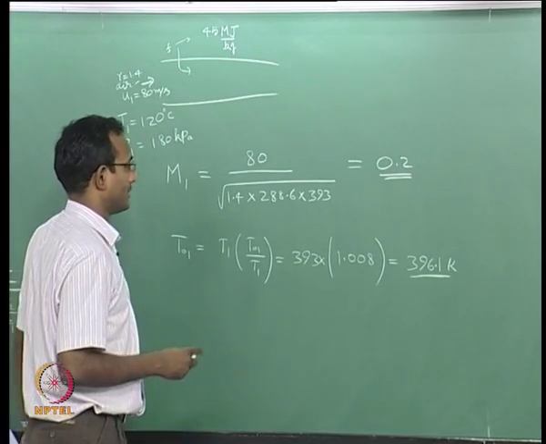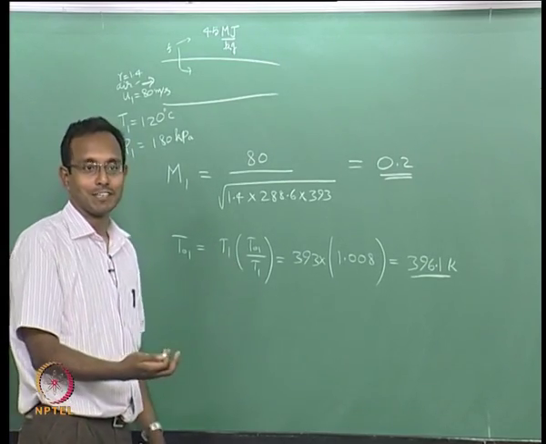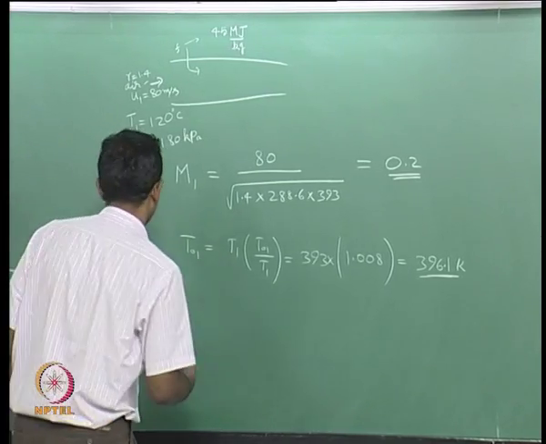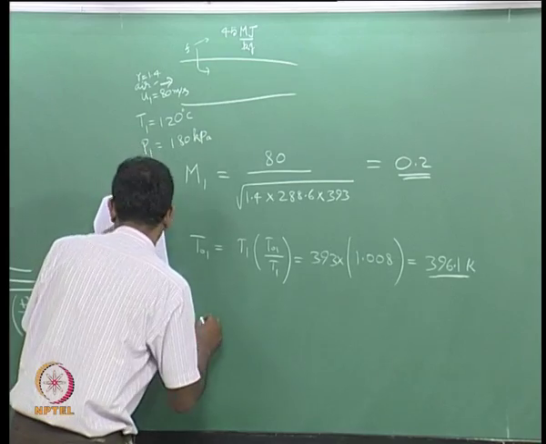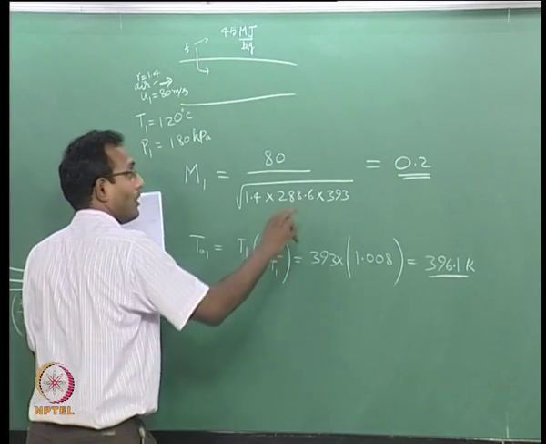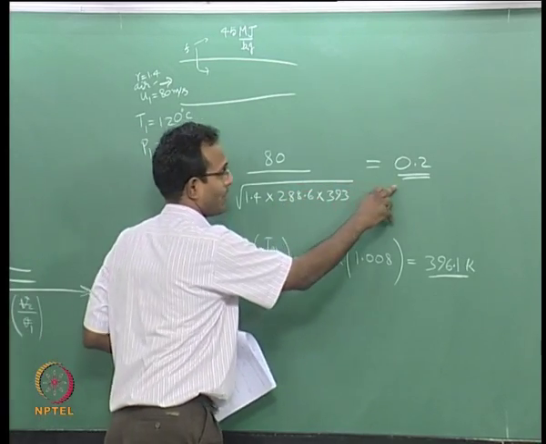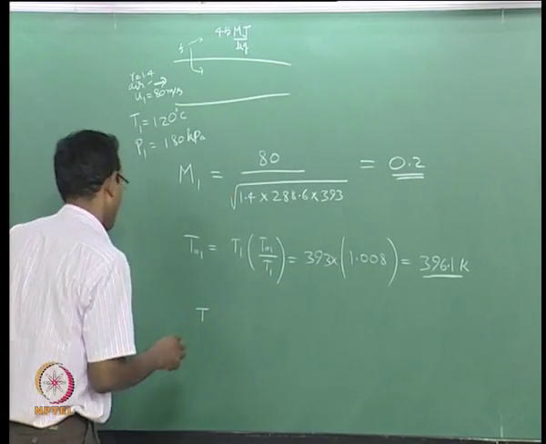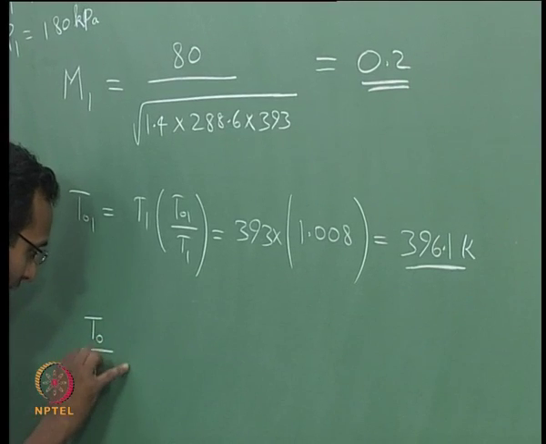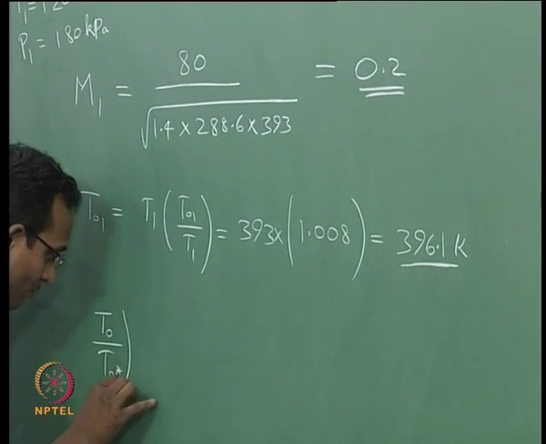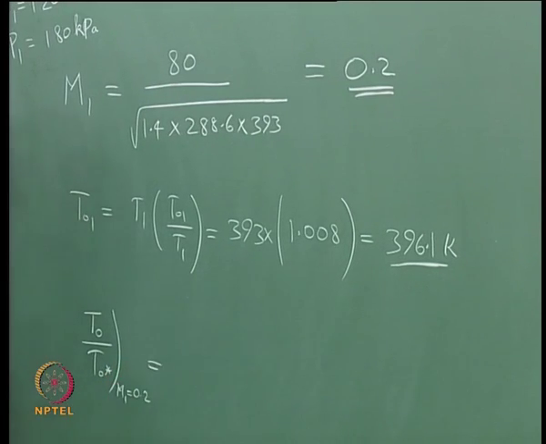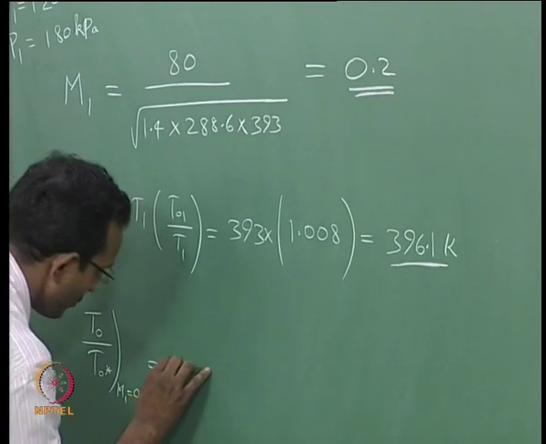So after this, the problem again became very simple suddenly. I am just going to find T naught star from here. I will have to go and look at Rayleigh flow tables for M1 equal to 0.2, and find T naught by T naught star for M1 equal to 0.2.